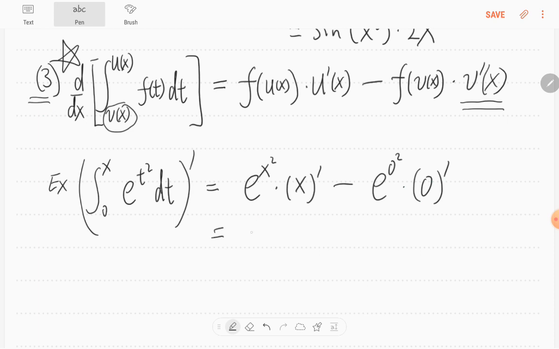So this would be e to the x squared minus 0, right? So this is actually the fundamental theorem part 2, right? We plug in x directly. Here is just x, not an expression about x. So that means the fundamental theorem part 2 is also a special case of remark 3.